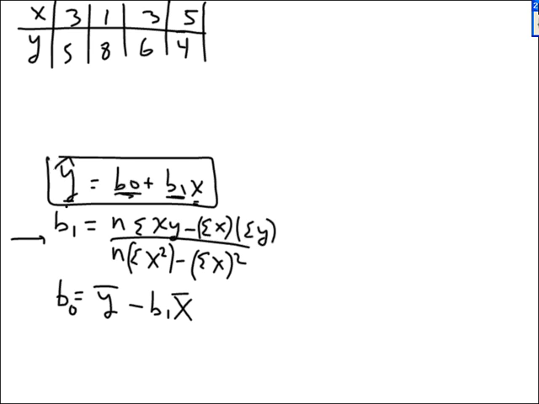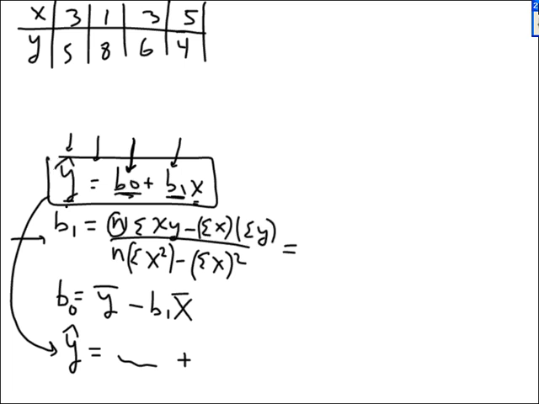So now I'm ready to write down the equation. It's y hat equals, and now I'm like, oh my, what's b0? Oh, well, we can't do b0 yet. So you leave a little space, plus b1. So first we have to calculate b1.